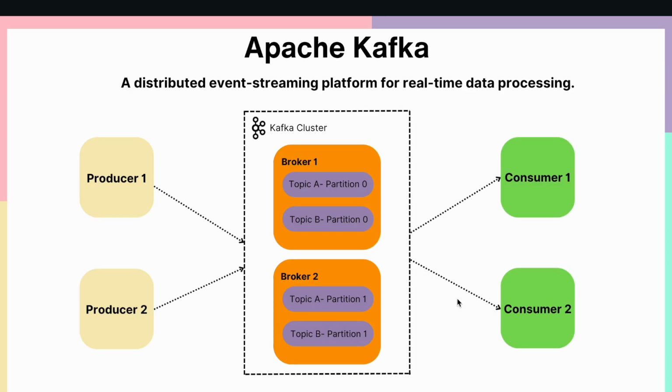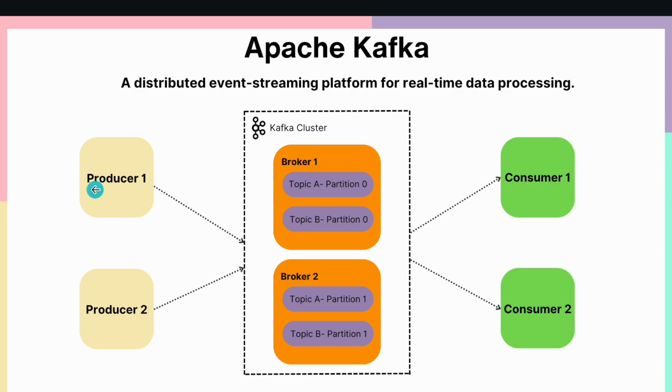Let's talk about Apache Kafka a little bit. Kafka is a distributed event streaming platform for real-time data processing. At the heart, it's basically an event streaming platform, and you can produce messages or events to Kafka and consume the messages from Kafka.